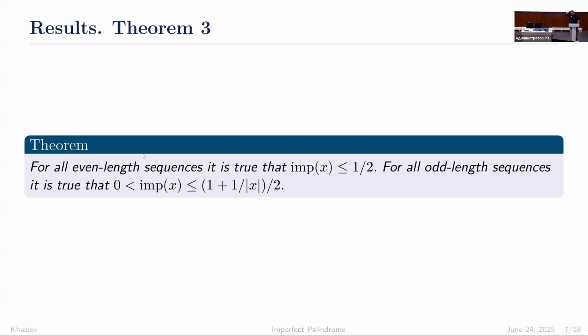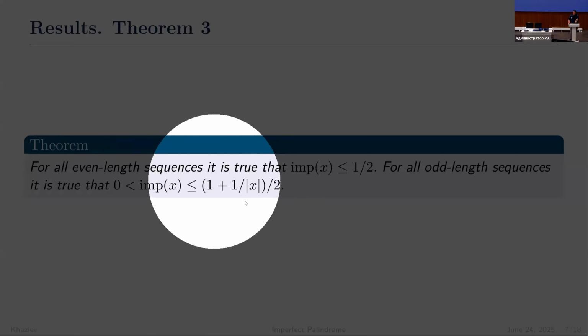And also we can see that for all even length sequences, imp of x is not greater than 1/2, and for all odd length sequences, it is true that imp of x is greater than 0 but smaller than the upper bound.